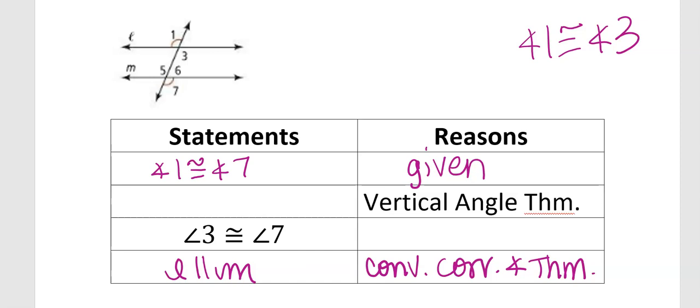And then we could also do 5 and 7, right? Which one do you think is better to use? Is there one that's better than the other? Okay, and why do you choose 1 and 3? It's the right one.